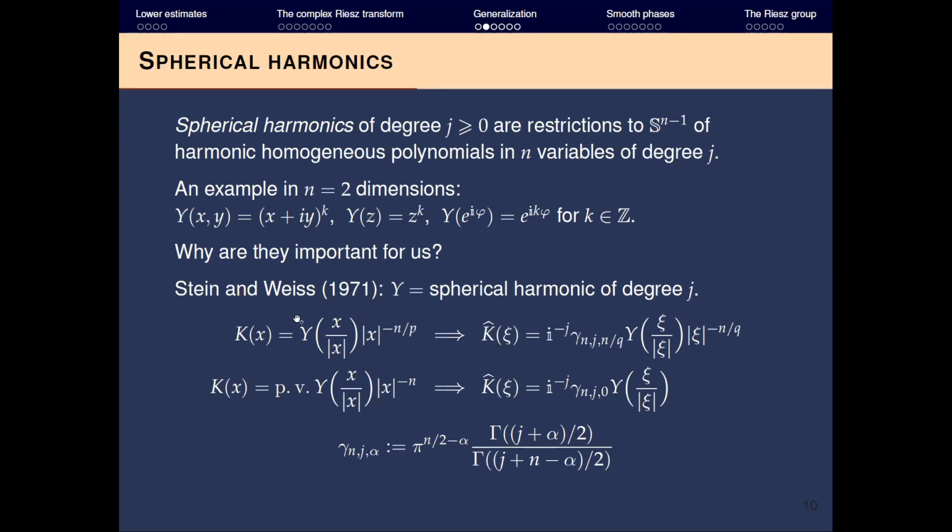Then the Fourier transform of this distribution is just a distribution of the same type, just with a different power. And some constant pops out, and this constant is written down there.